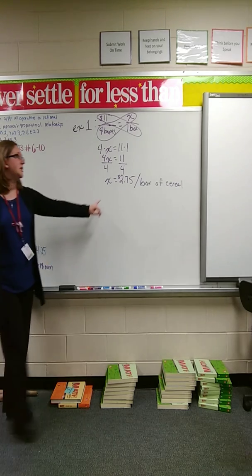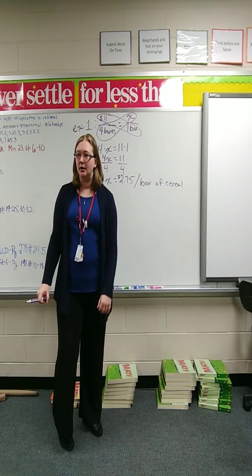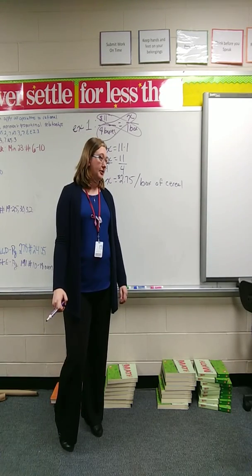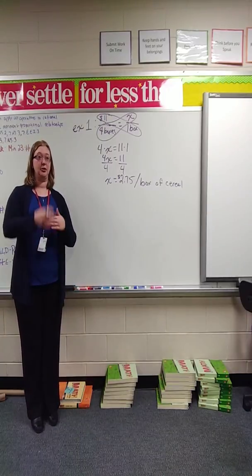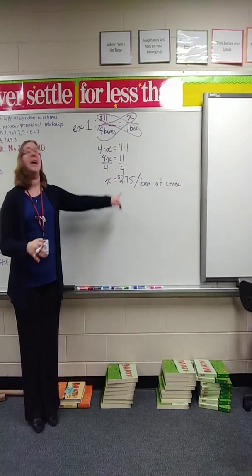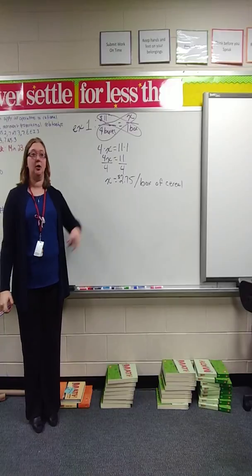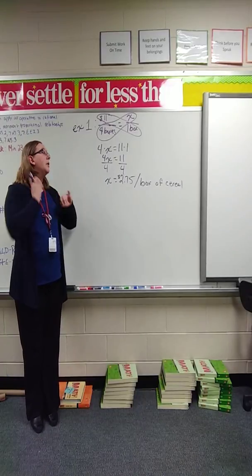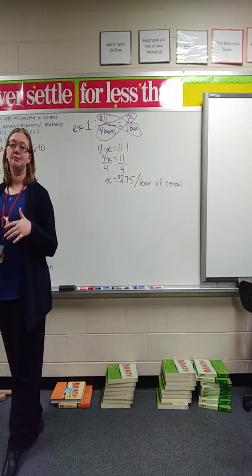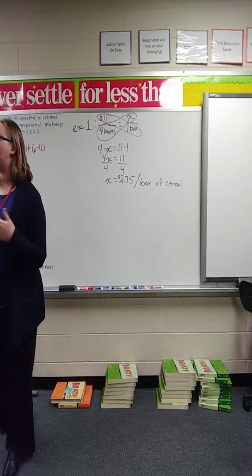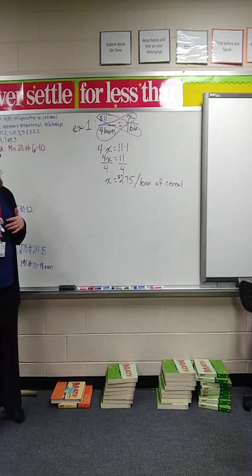That could be $2.75 per ounce of Gatorade. That's a lot for Gatorade. Okay? Considering we can generally get like 32 ounces for less than $1. That's a lot for Gatorade. Okay? Depending upon what we're looking at, that's going to depend on what's expected as our unit rate. Okay?